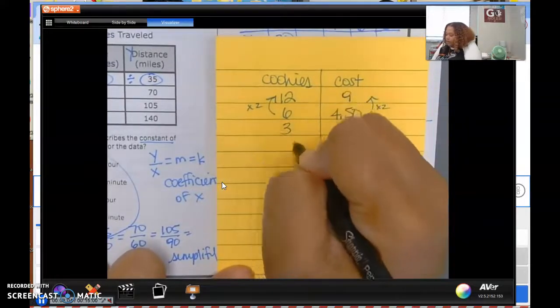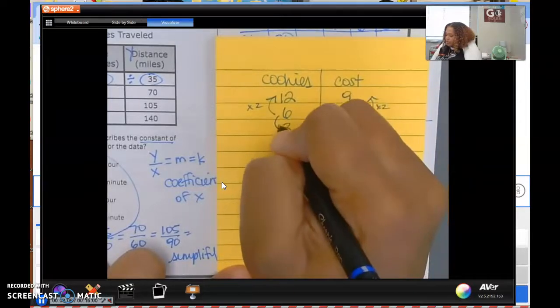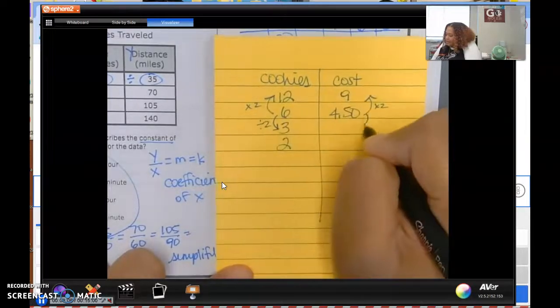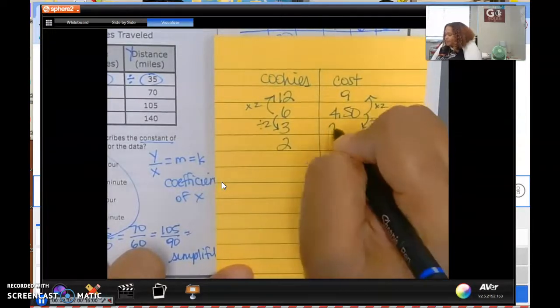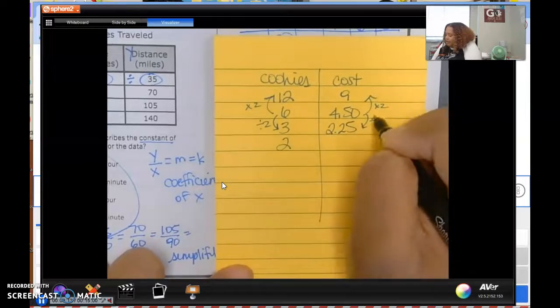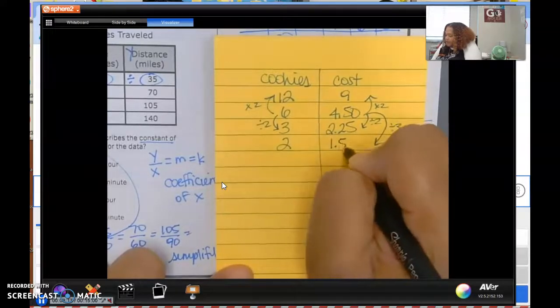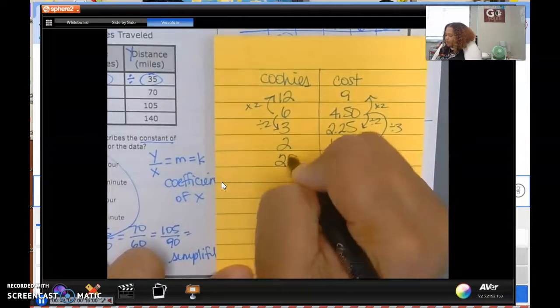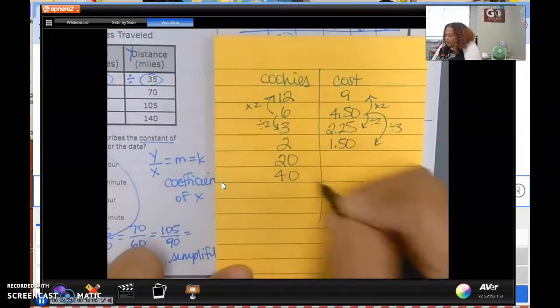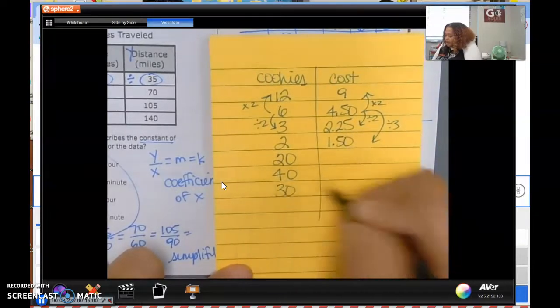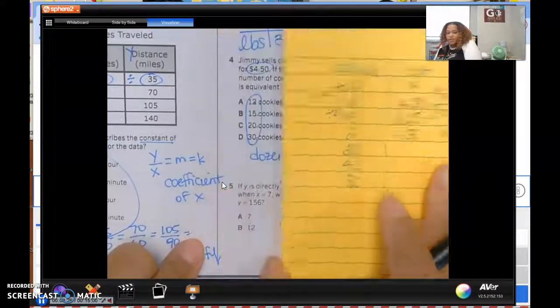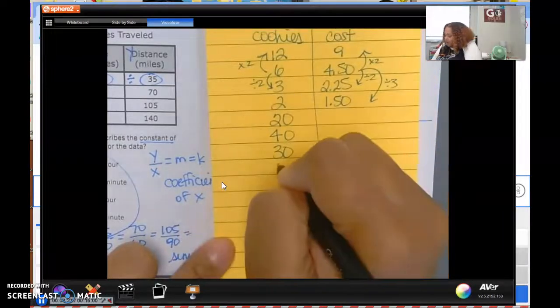Now I want to go to 3 and 2. So this is half. This is half. This was 2.25. And then from here to here, divided by 3, this was 1.50. So I could do 20 cookies. I could do 40 cookies. I could do 30 cookies. What's another number they gave me? 15 cookies.